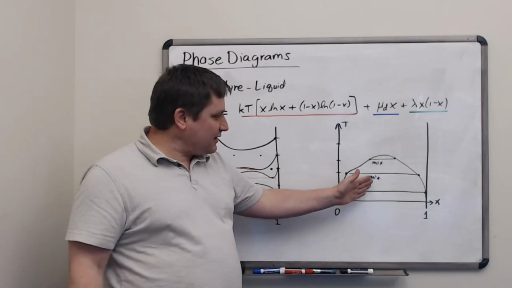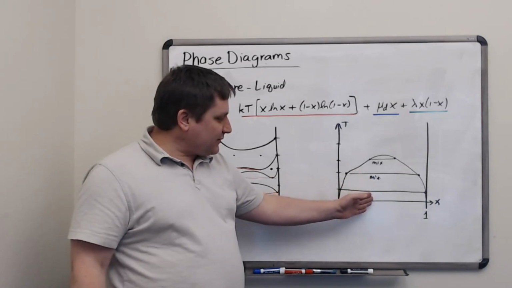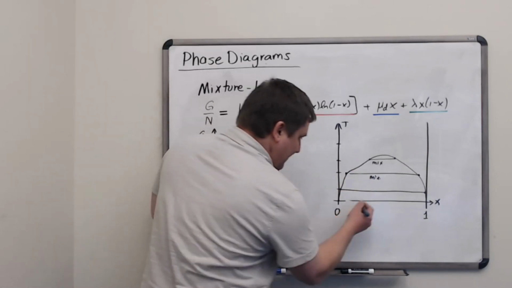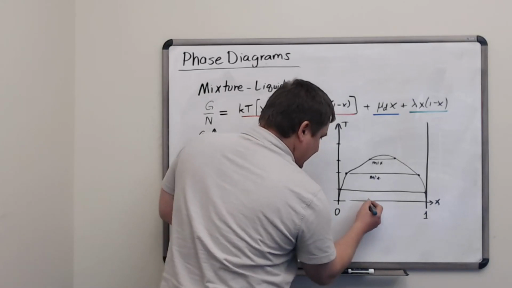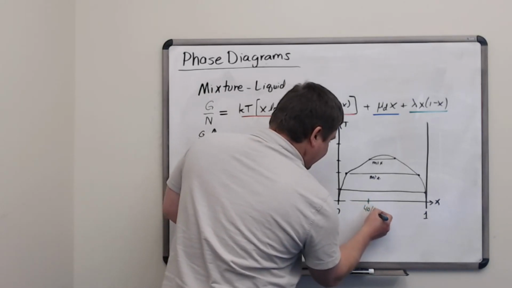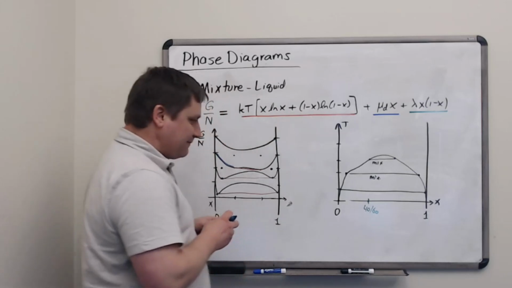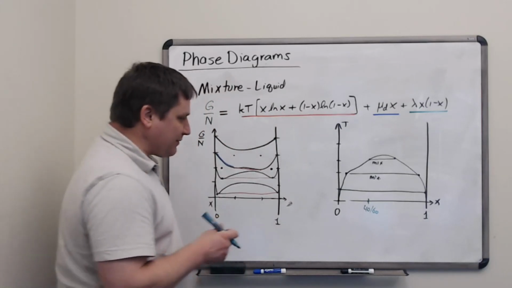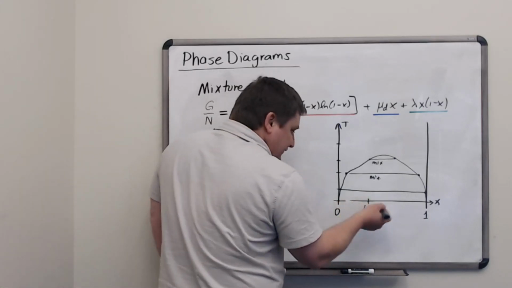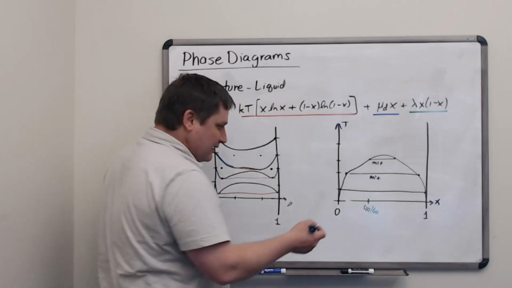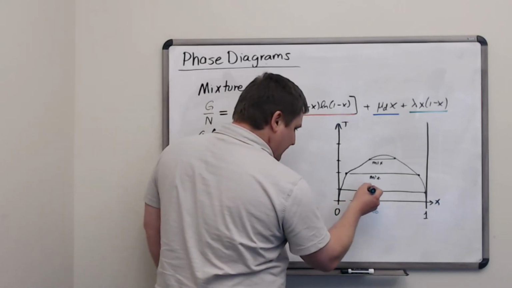By heating it up, so if we started here at maybe a 40-60 mixture, 60% B's and 40% A's, we can't change that. That's the amount of molecules that are in there. So if we heat it up, we're going on a vertical line up here.